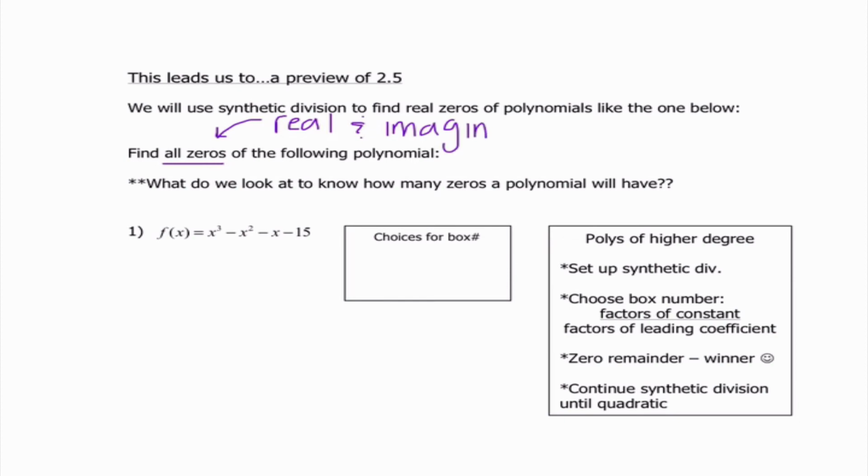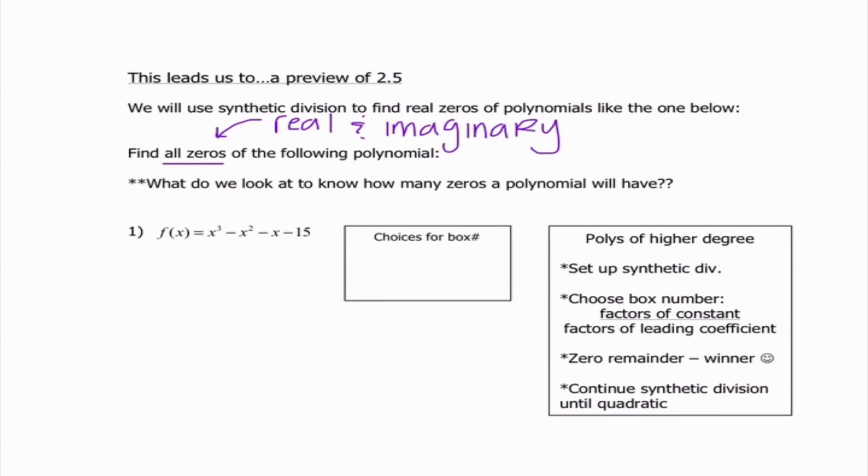And one thing that I want to notice is that when I am graphing on our graphing calculator, the only thing that I can actually see are all the real zeros, when we're using that zero function. We cannot see the imaginary zeros because they're not x-intercepts. So whenever it's asking us to find all zeros, I cannot just rely on my graphing calculator.